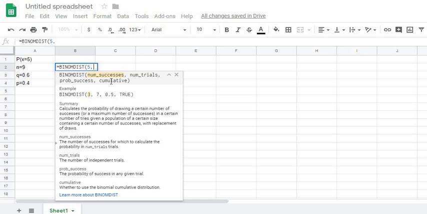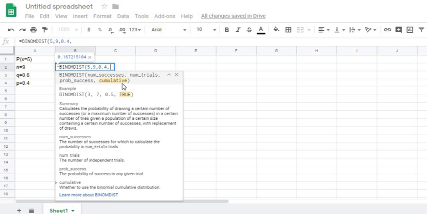Now put in a comma. Next you type in the number of trials, which is your n, or 9 in this case. The probability of success is p, which is 0.40, or 0.4. Put in a comma. Now the cumulative option is asking whether it is adding up all the probabilities before it. Here the answer is no, because we want to find just x equals 5.